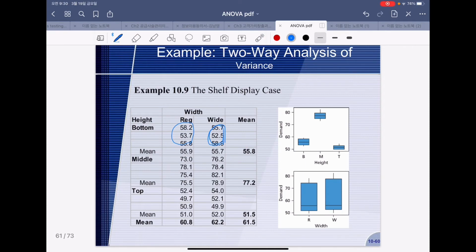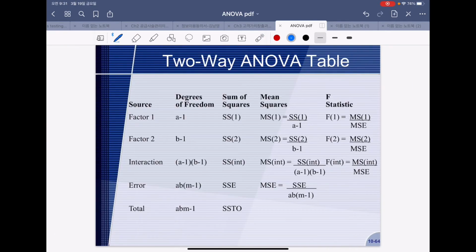Let's look at the computer output first. So we have factor 1 and factor 2, and we have interaction here. In the output for the two-way ANOVA with no repeated measures, we didn't have an interaction term. So when we have a two-way ANOVA with repeated measures, we need to check the interaction effect.